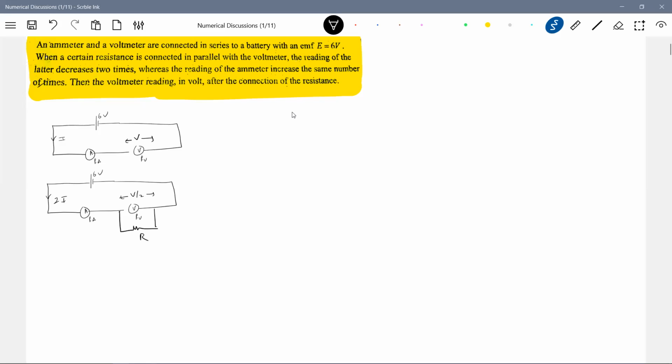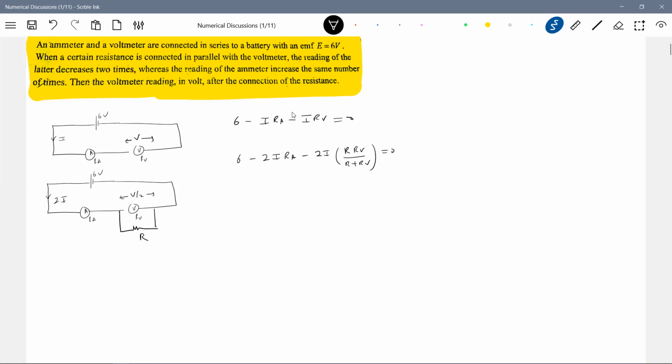So we'll write the equation: 6 minus I into RA. Ammeter resistance, nothing is given, but we'll proceed. Next, this will be 2I into RA. This will become 2I into R RV by R plus RV.